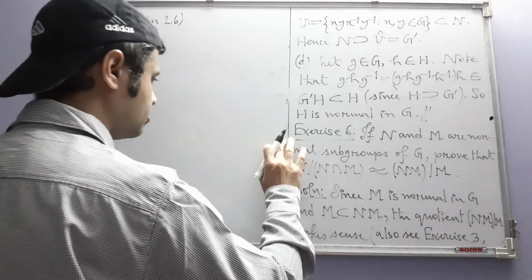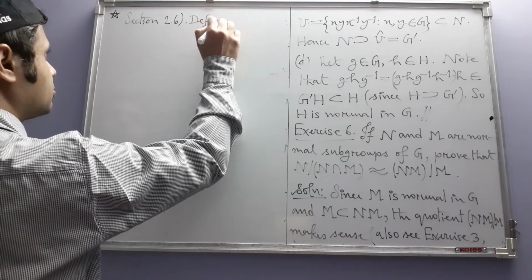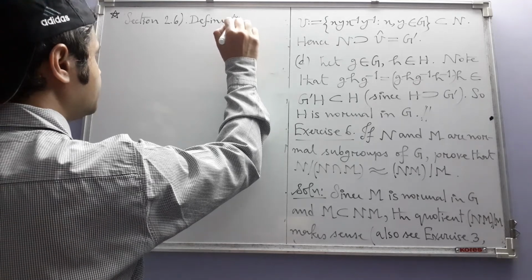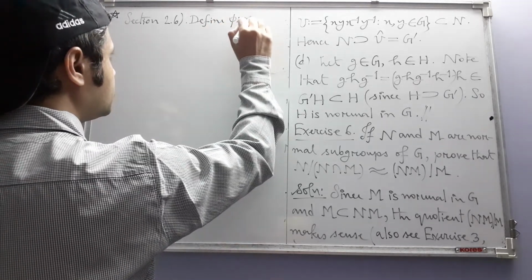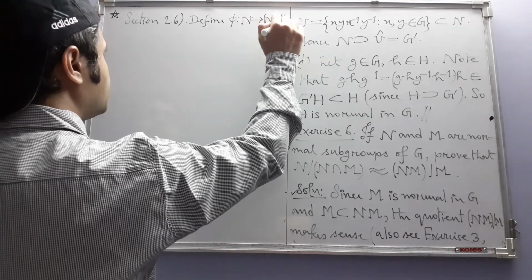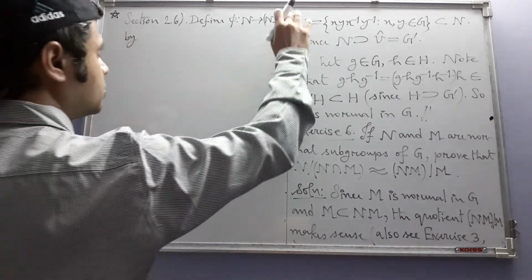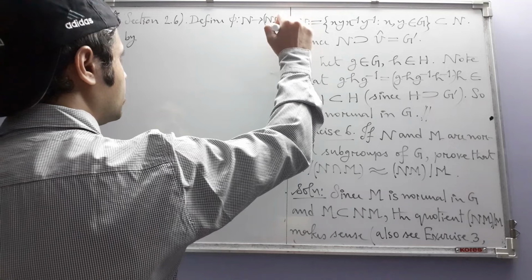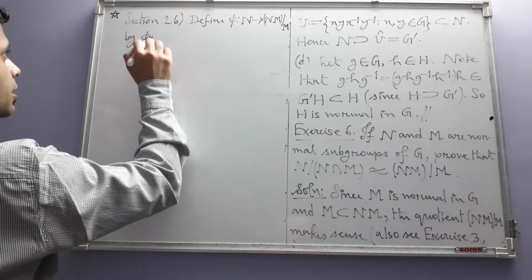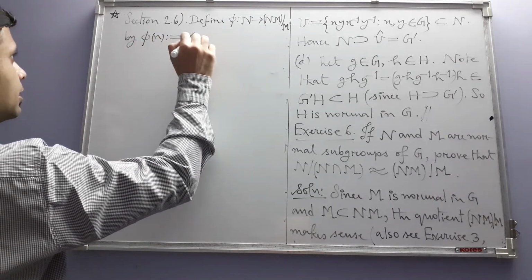So for that, we are going to define a function. Define a function phi from N to NM by M, by phi of n equal to Mn.